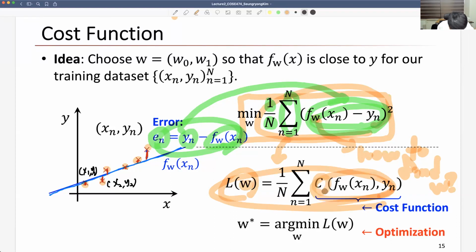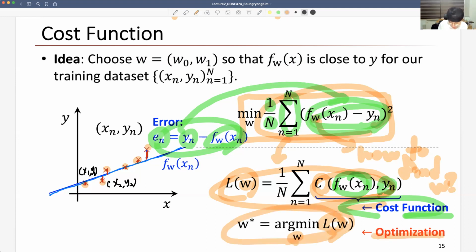The cost function is defined by the estimated output and the ground truth output. Our goal is to find the optimal parameter W that minimizes this loss function or cost function. This process is called the optimization process.